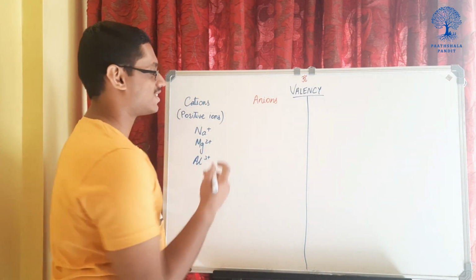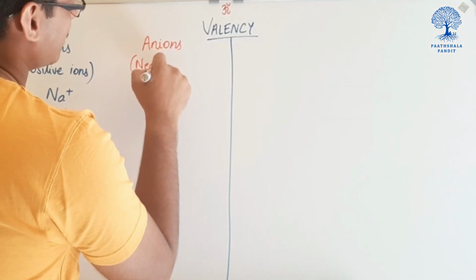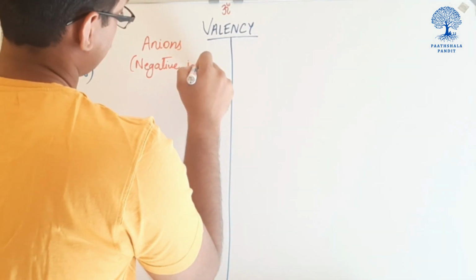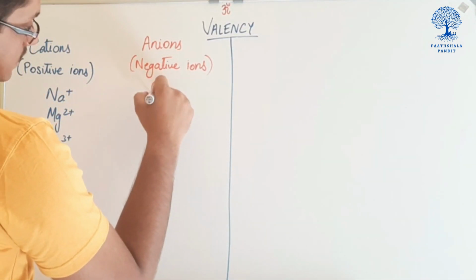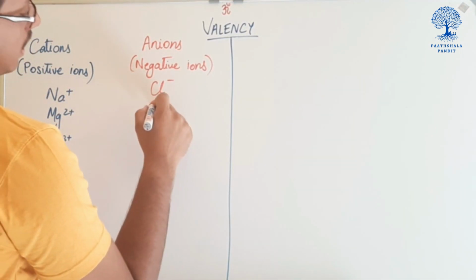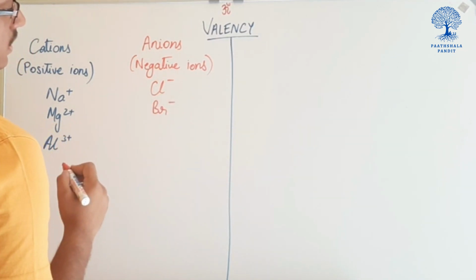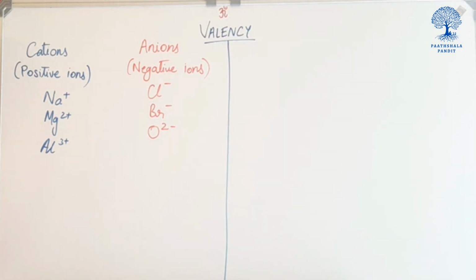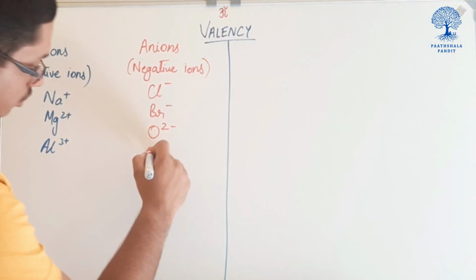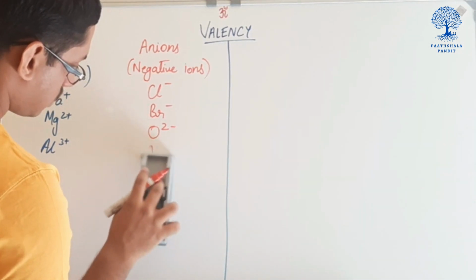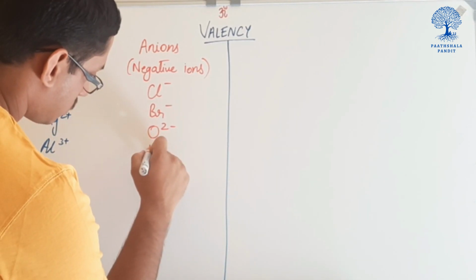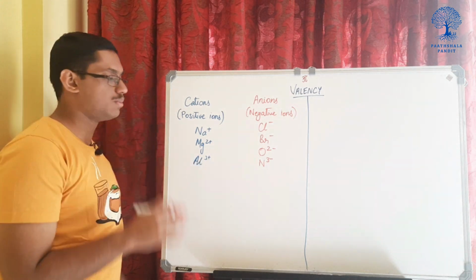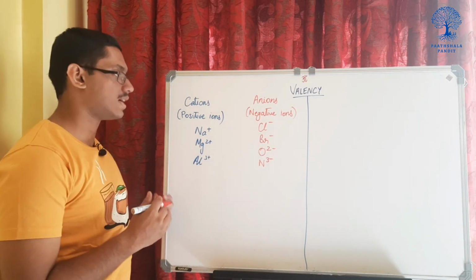Of course, you have guessed it right. Negative ions, like Cl minus, Br minus, oxygen 2 minus, nitrogen 3 minus. There are many more such cations and anions.